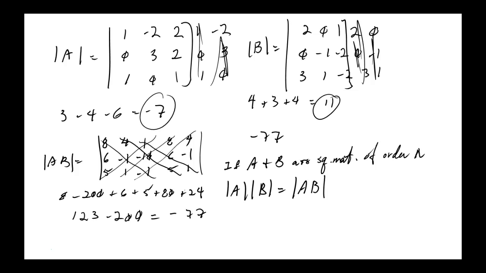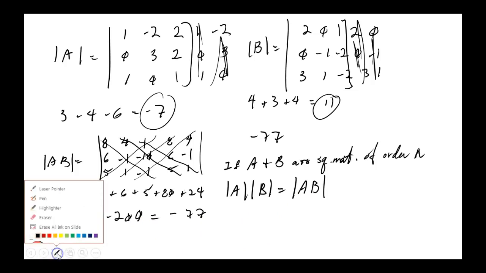Now, I'm choosing to go to a clean page because that would be awfully crowded to write it there. So let's go down here. Here's the next theorem. The determinant of a scalar multiple of a matrix. So what we have is A is a square matrix, of order n.